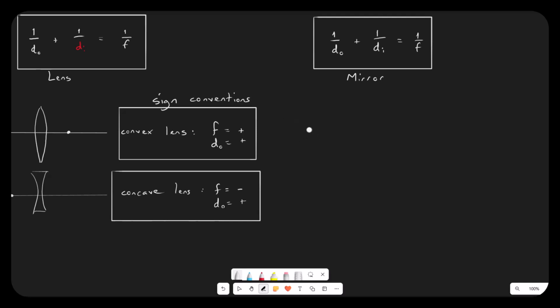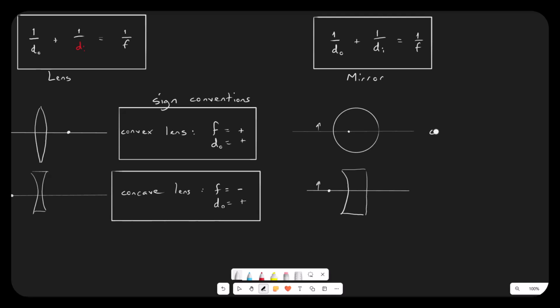So with a convex mirror, which is really just a circle, right? A sphere. Our focal point for this thing was in here. And with a concave mirror, our focal point was out here. This focal point is inside the mirror, that's not made by actual light rays.